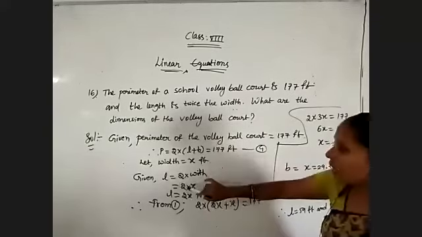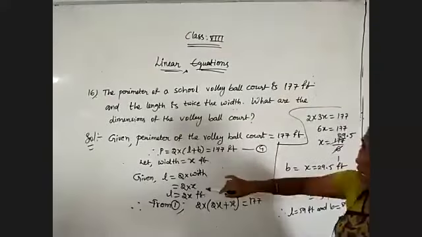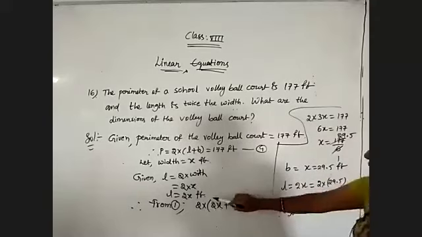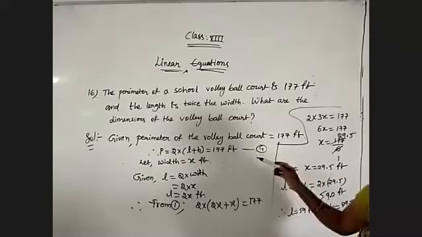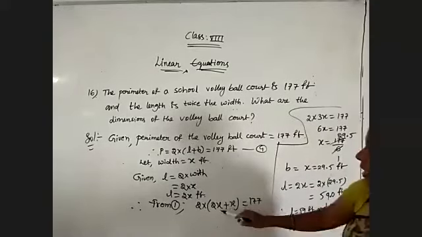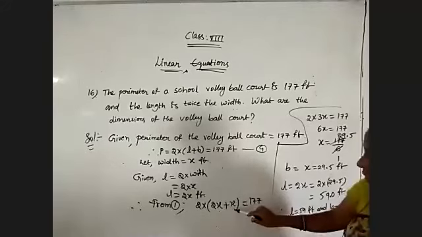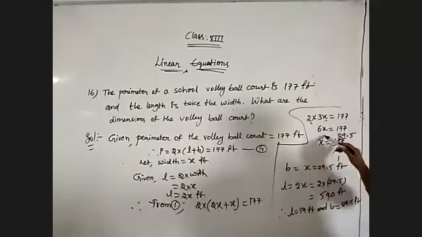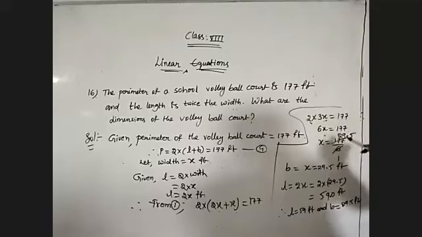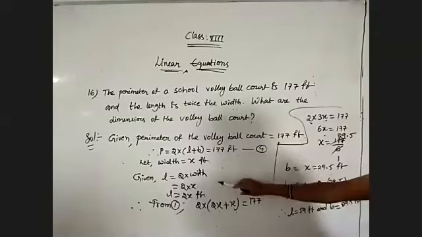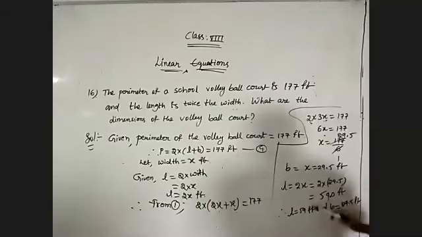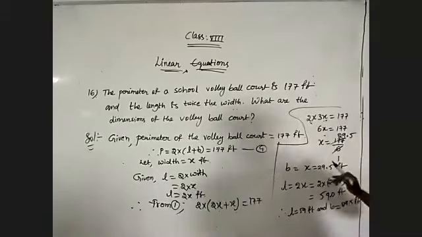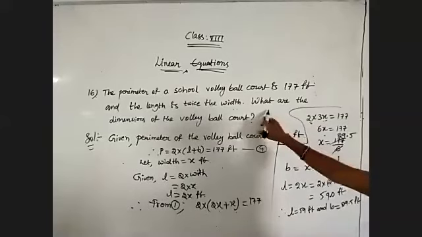Then length will be twice the width, that is 2x feet. Substitute in equation 1: 2 into (L value is 2x plus B value is x). 2x plus x is 3x, 2 into 3x is 6x. 6x is equal to 177. Then find the x value from here. X is nothing but the breadth. So we got the breadth, and finally we got the length also, that is the 2x value.